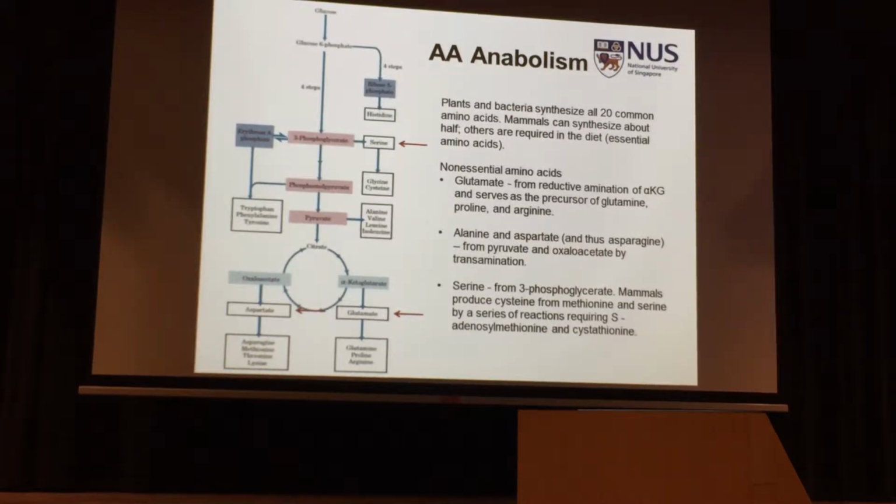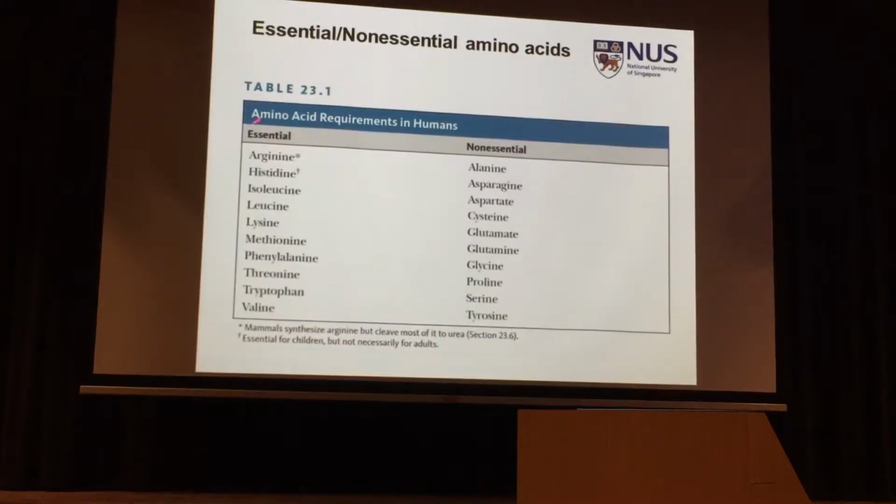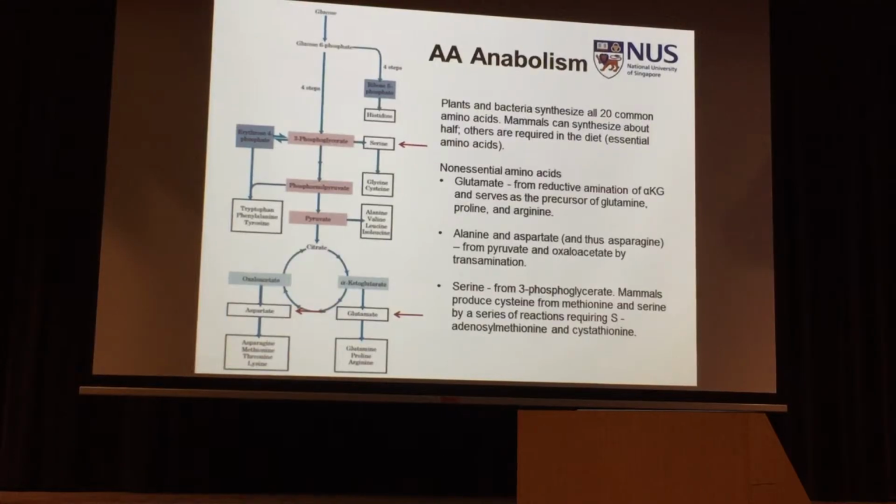We can only synthesize half of them, and so we have 10 essential amino acids which we must take in our diet. And this slide gives you 3 examples of how we can make 10 or 20, 20 in this case for plants and bacteria, but for us it is 10, using precursors.